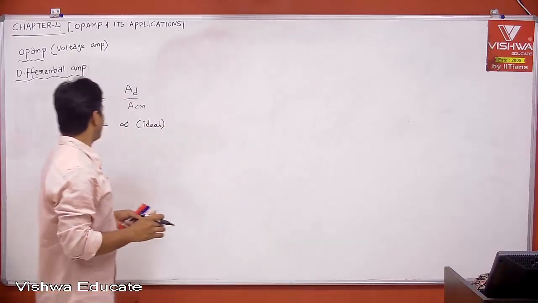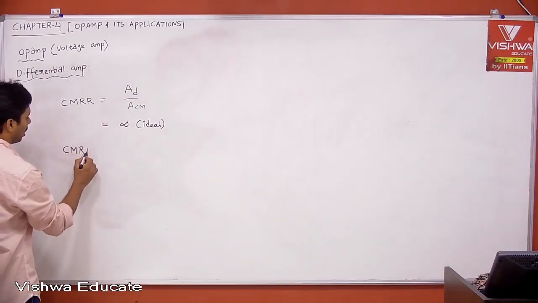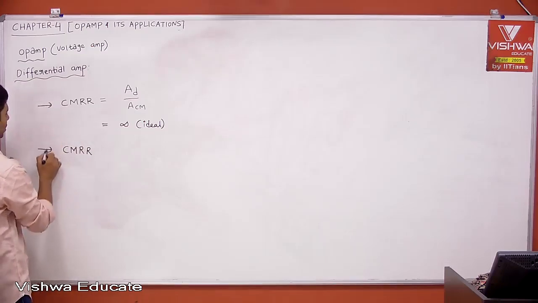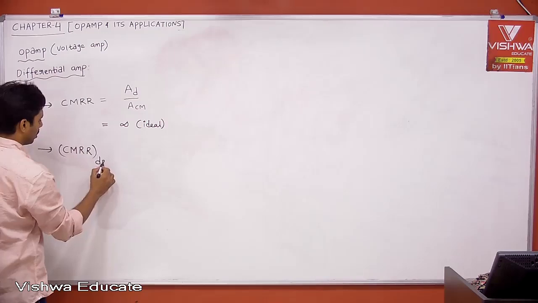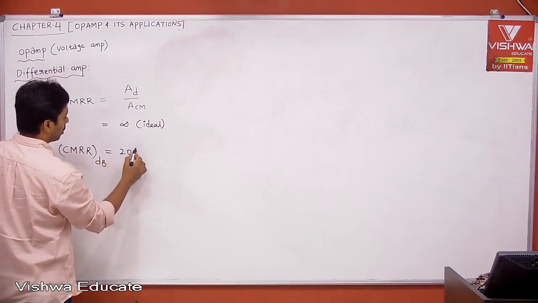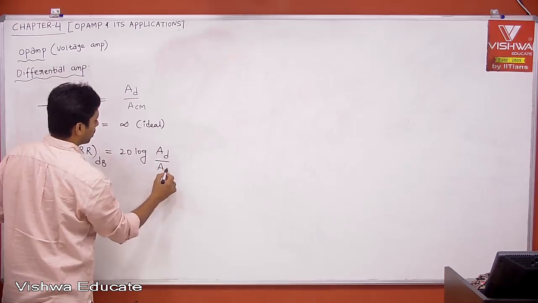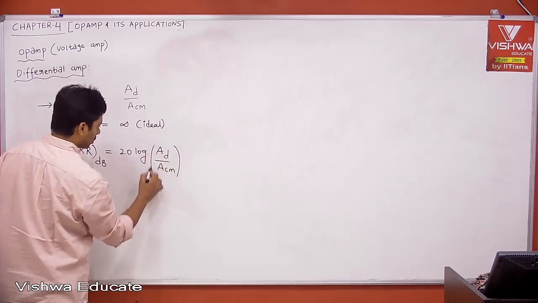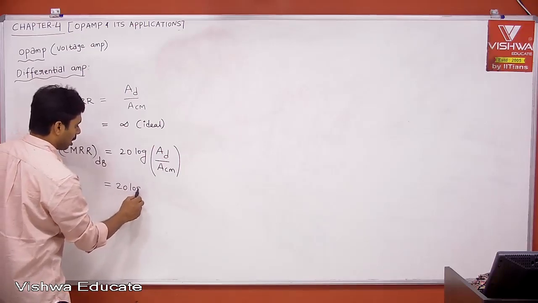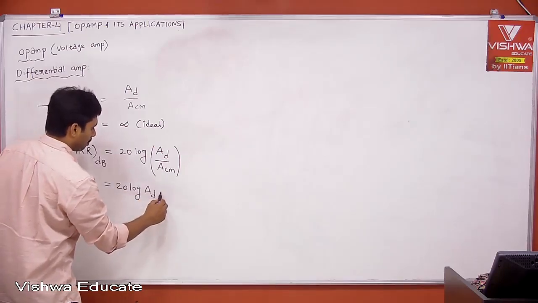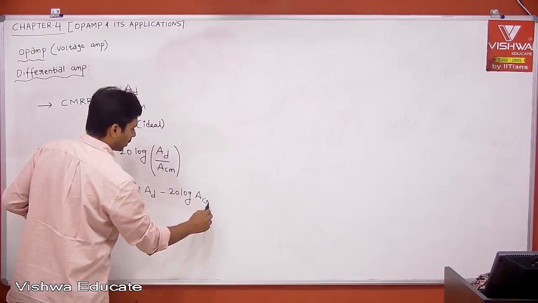Okay. Therefore, if you write CMRR in dB, this is the absolute definition, which is a ratio. If I convert into dB, it is nothing but 20 log of differential gain divided by common mode gain, right? Therefore, log A by B is log A minus log B: 20 log AD minus 20 log common mode gain.